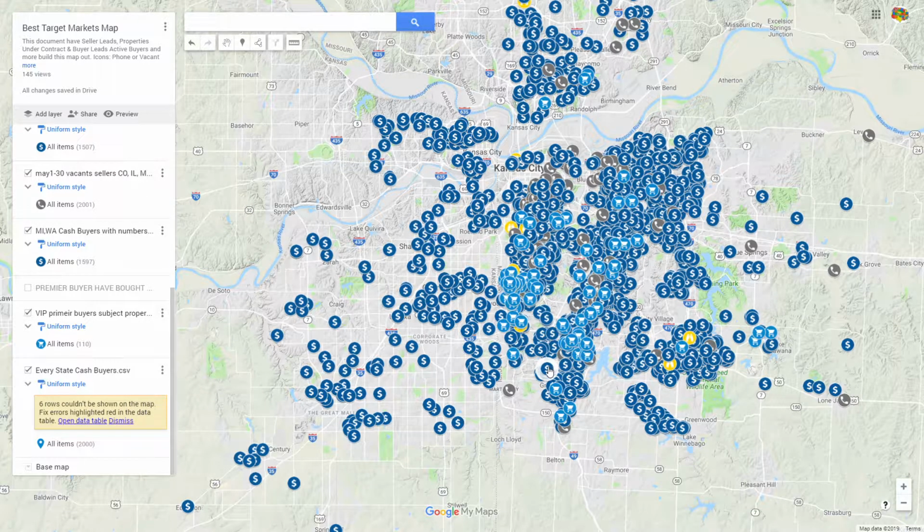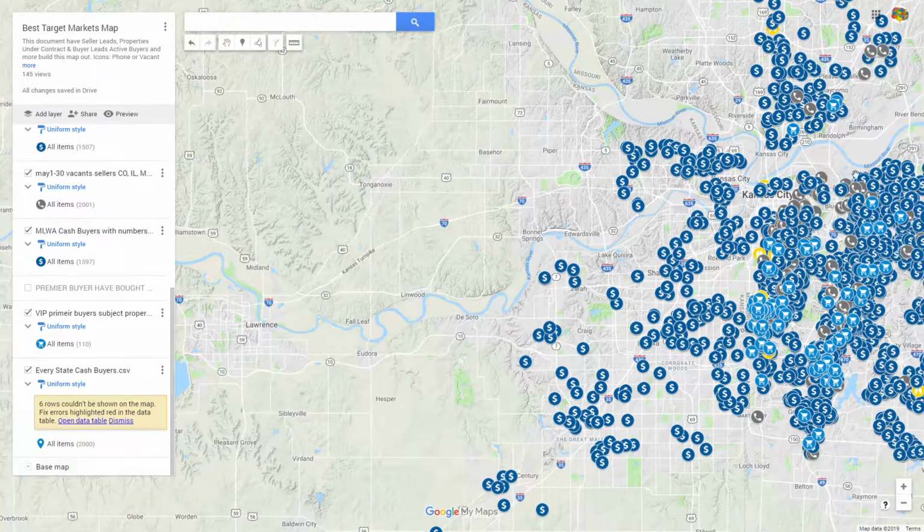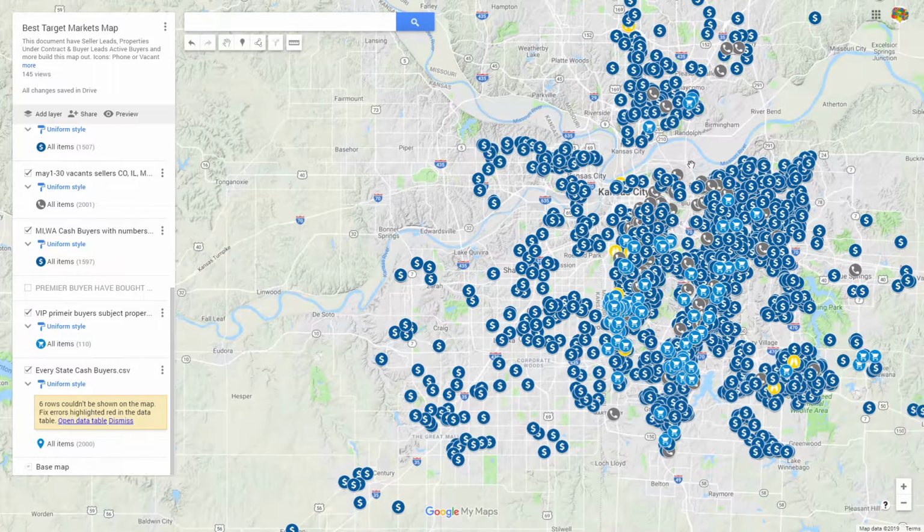Some people probably know what I'm talking about. I'm a data junkie, I like to say, but pretty much what you see here is some of the stuff that we have. All these right here are recent cash sales, in the past normally 6 months or 90 days.